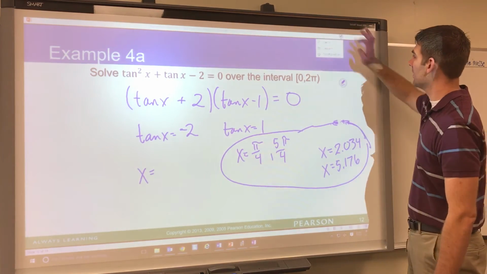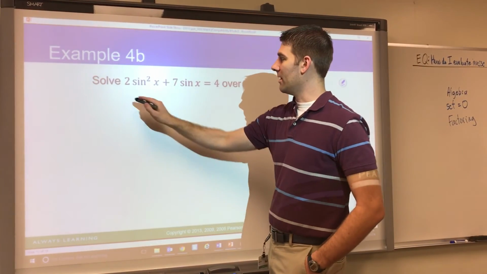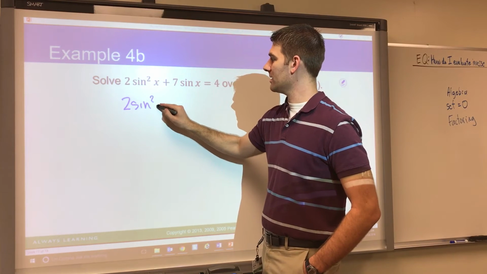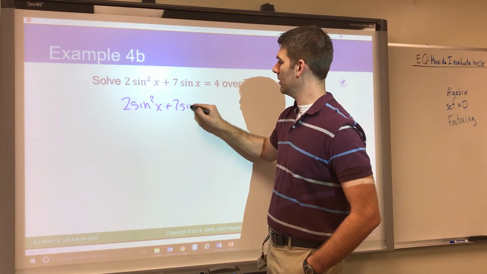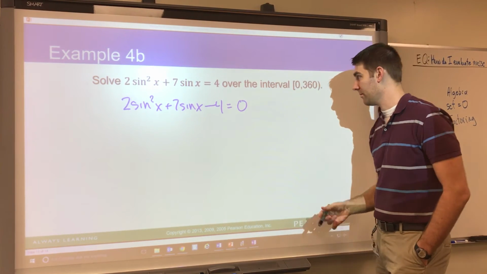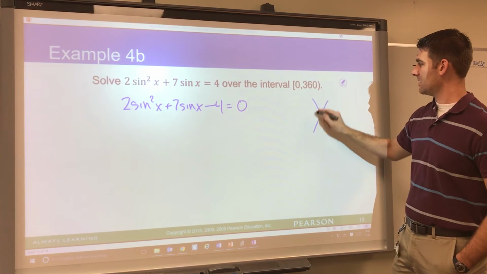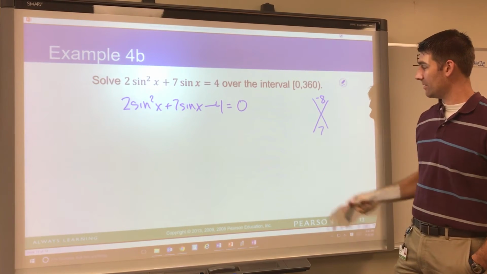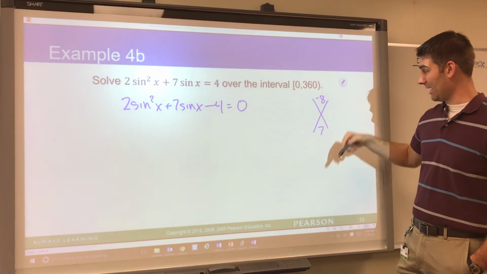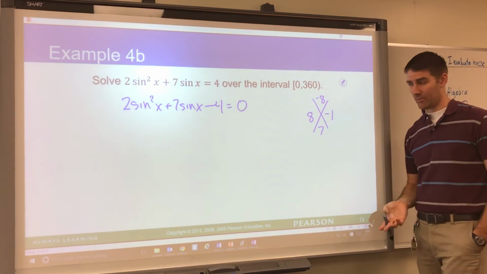Okay. Last one here. And then you guys can get after your homework. This one is not set up quite right because I need to subtract the 4 to get it set equal to 0. Going to do an AC method again. So my AC is -8, my B is 7. Numbers that multiply to get me -8 and add to get me +7 are 8 and -1.